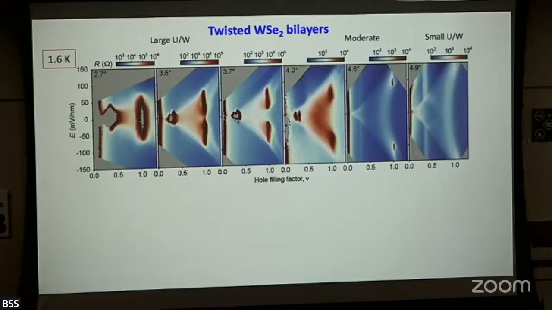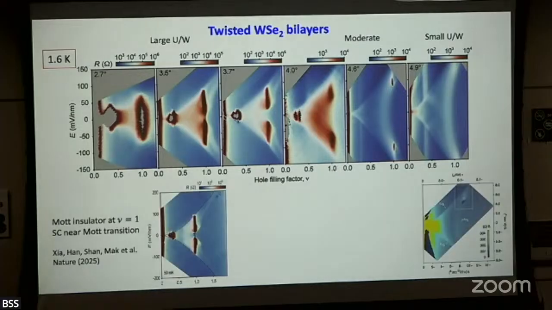And what's interesting is that in this system, from earlier studies, one from our group and one from the Columbia group, around this twist angle, when we cool down the sample, we find a superconductivity somewhere here near the Mott transition. In the data of the Columbia group, there's no more insulating state, and they find the superconductivity somewhere close to filling 1, but a little bit away.